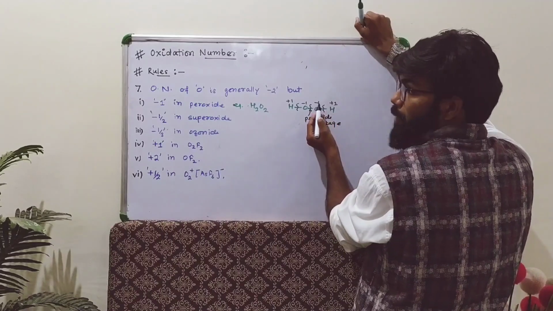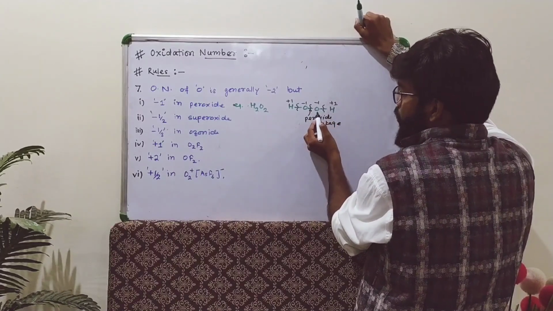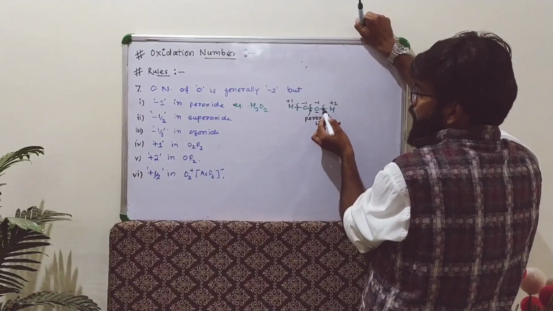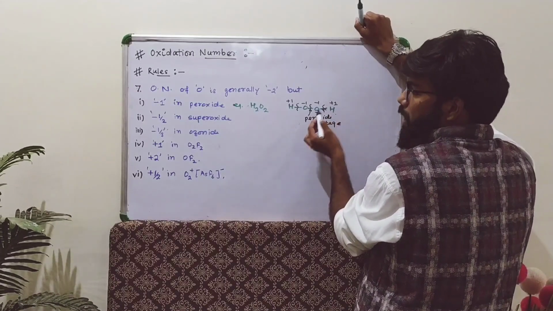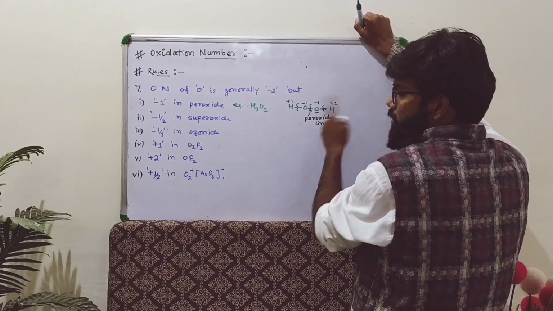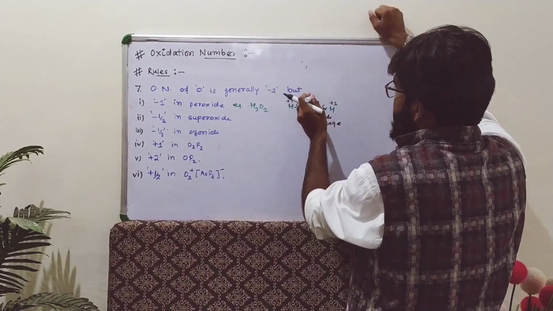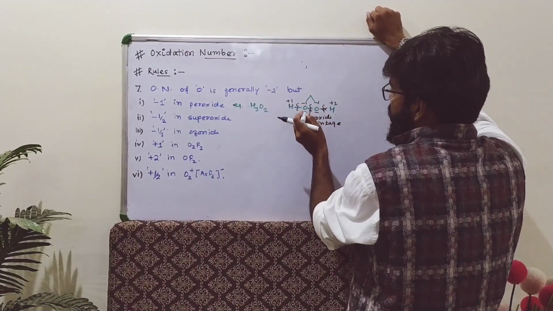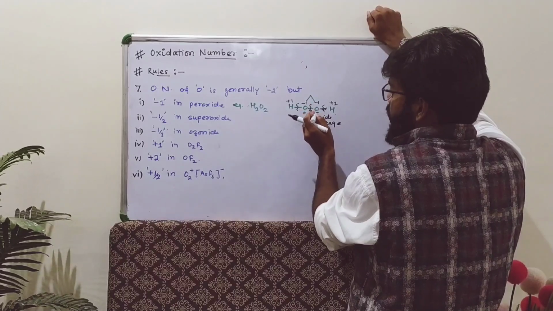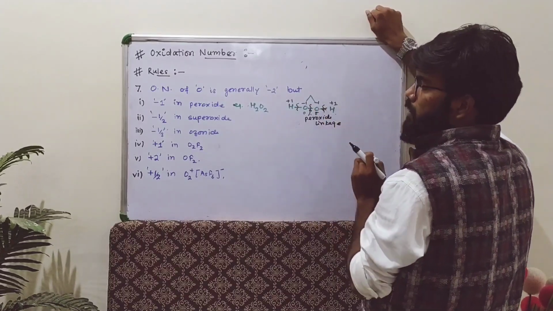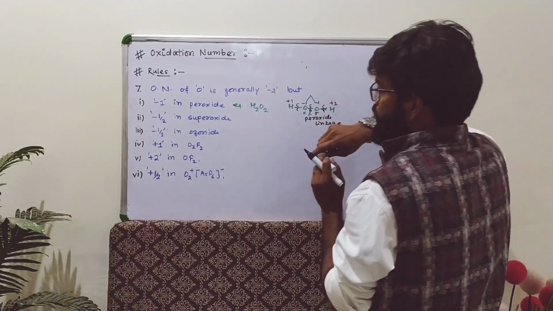Why am I saying -1 here? Because oxygen is more electronegative in comparison to hydrogen, electrons are shifted towards the oxygen atom. Oxygen gains the electron. And here both are the same atoms, so when this bond breaks, it will have 0, 0. So finally oxygen gains -1 oxidation state. That's why it is so.